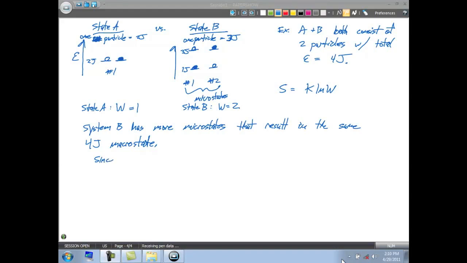So since W for state B is greater than the W for state A, system B, or state B, has a greater entropy.